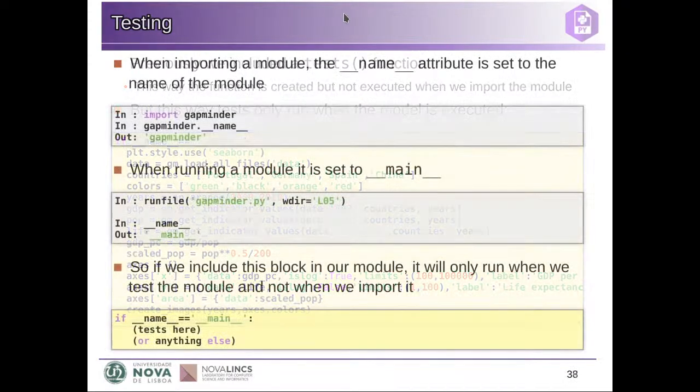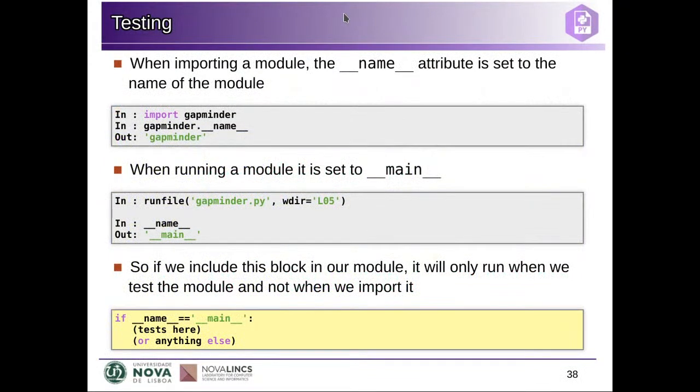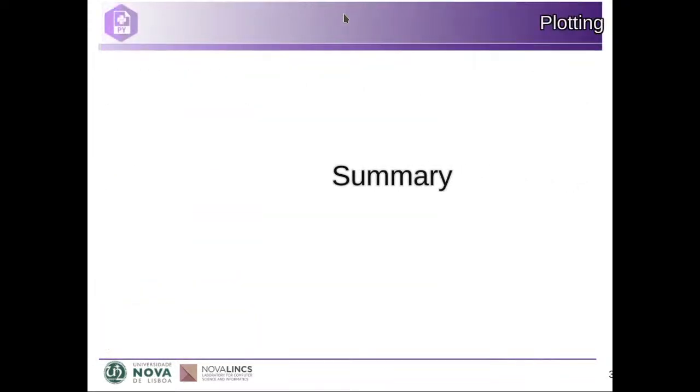And this way, if you are making changes to your module, adding functions, changing anything, you can test everything just by pressing F5 and you run the module and you execute all the tests. If you are then using your module by importing it into another module, then the tests are not run, because by that time it's presumed that you already tested everything and you don't need to run the tests every time you use your module.